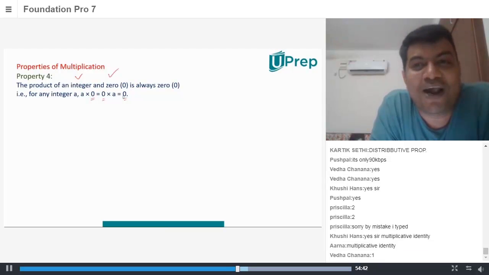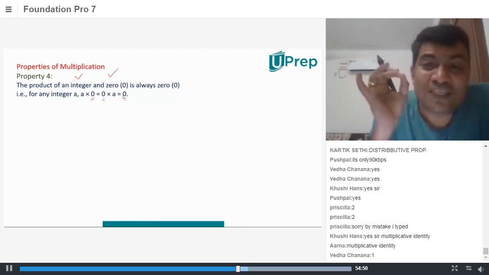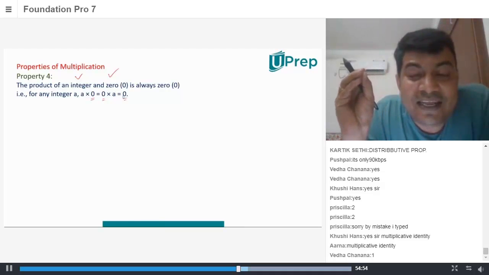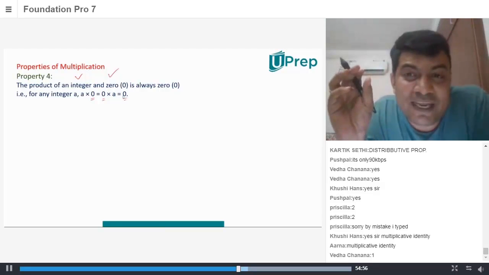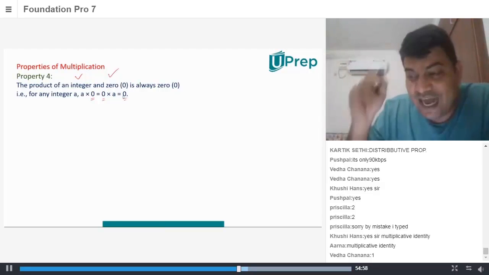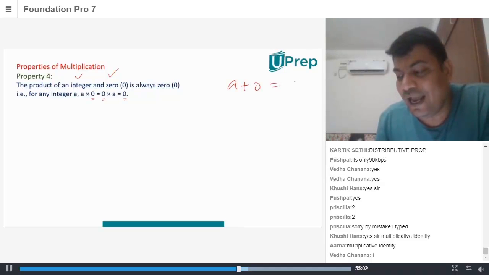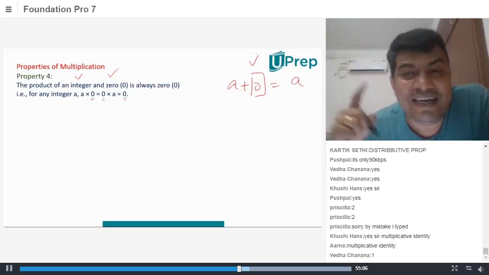Wonderful. Sir, please explain, I am confused. Don't worry, I'll explain. Go back to your identity concept. Additive identity: by adding something to a number, it should give you the number itself. In the additive identity, a plus 0 was giving you a. Therefore, we said 0 is the additive identity.